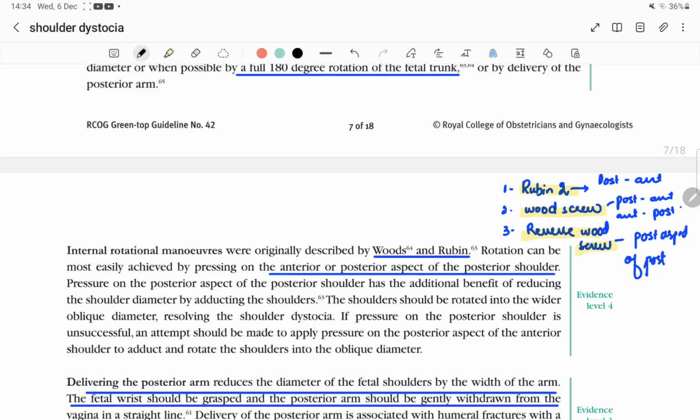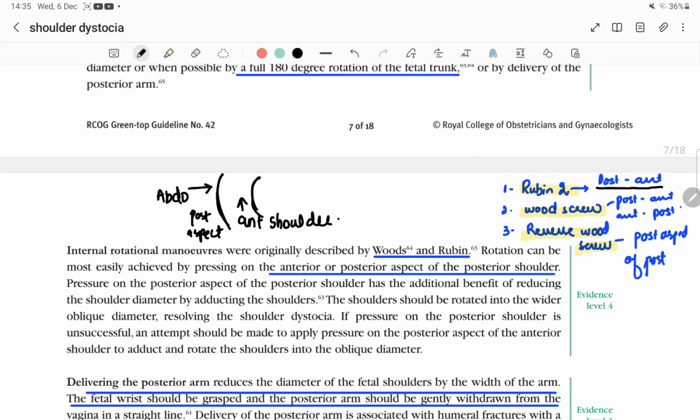As we already discussed, suppose this is the upper or anterior shoulder of the baby, and this is the maternal abdomen. When you applied pressure on the posterior aspect of the anterior shoulder from the abdomen, it was Rubin 1. But when you similarly apply pressure on the posterior aspect of the anterior shoulder from within the vagina, it is Rubin 2.